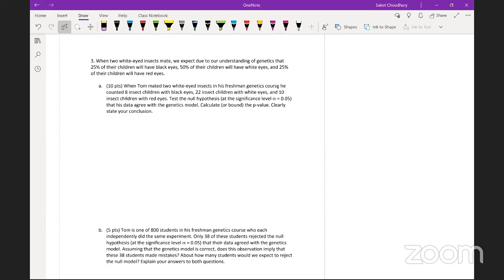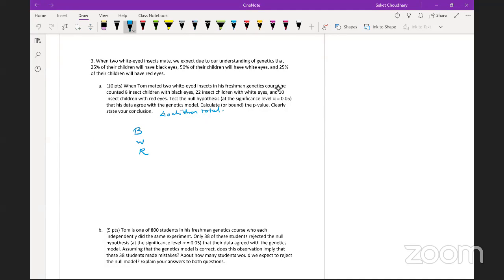Okay, so we'll move on to problem 3. And problem 3 is giving you an experiment from genetics where there are 3 choices. The children could have black eyes, white eyes, or red eyes. Okay, and in this particular experiment, the total is 40 children.